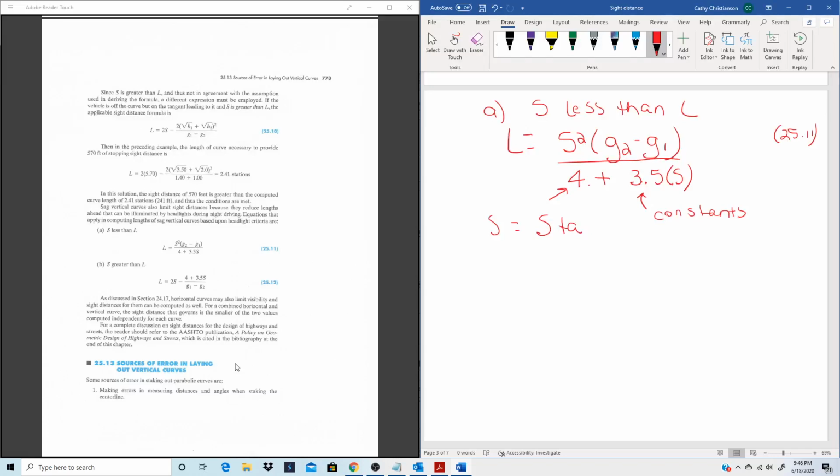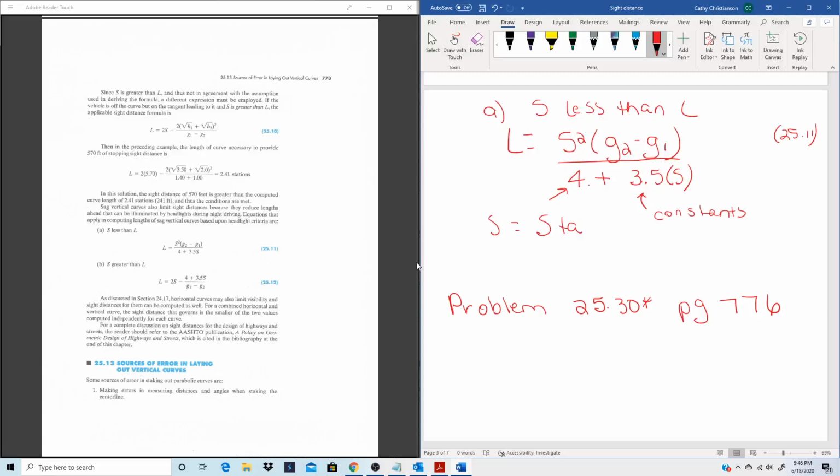And of course they gave us, this one wants a sight distance. This is problem 2530 in the back of the book, page 776.